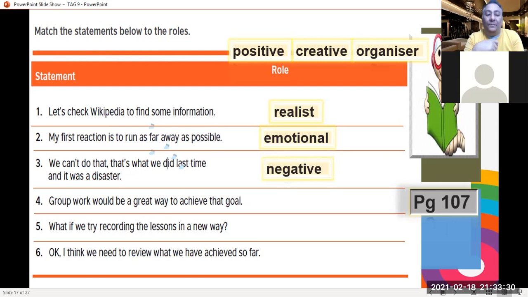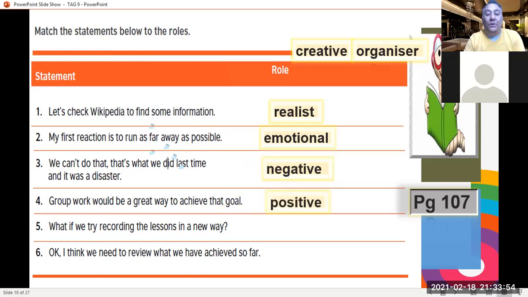Number four. Group work would be a great way to achieve that goal. Organizer? No, this is the positive one.